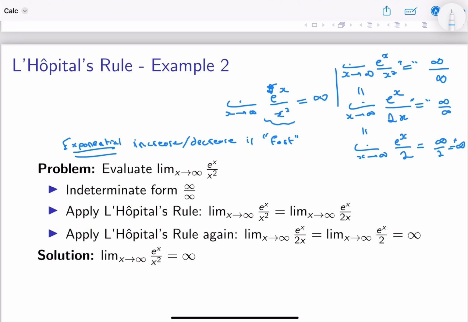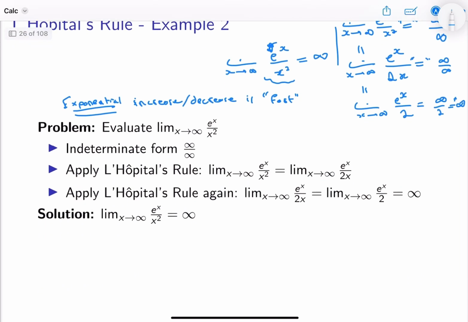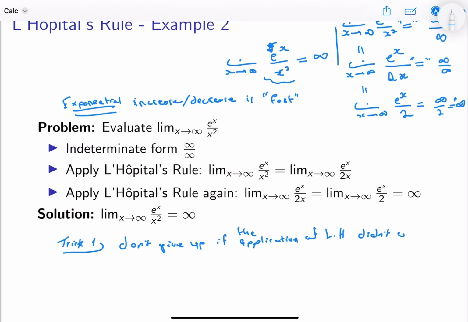So I should mention here suggestion or trick number 1: don't give up if the application of L'Hopital's rule didn't work the first time.